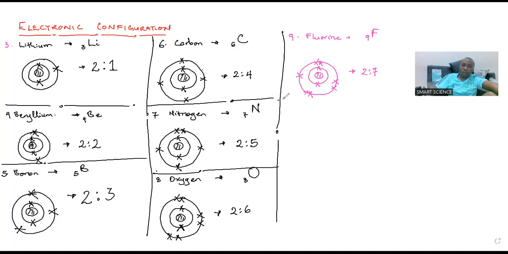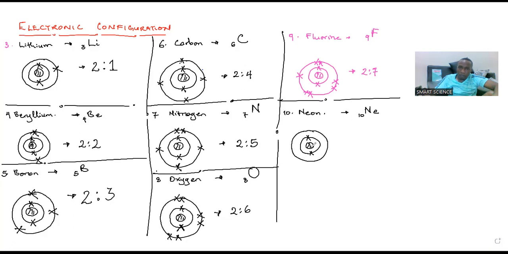We move to element number 10. Element number 10 is going to be neon, symbolized by capital N and a small e. Atomic number is 10. We are going to find out that if this is the nucleus, first shell, 2 electrons, second shell, if we get the 2 and subtract them from 10, the second shell will remain with the maximum number it can hold, which is 8.